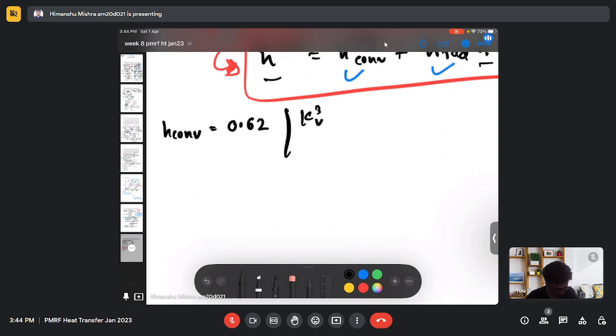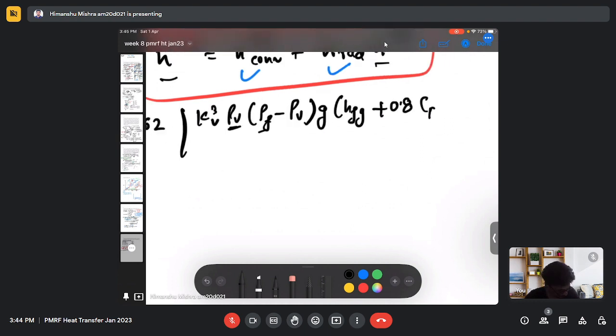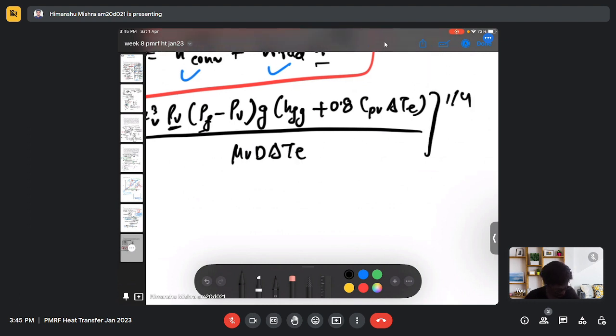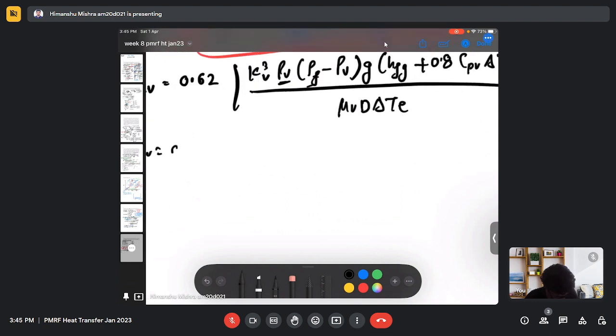This is my thermal conductivity and my vapor density is ρV. Sorry, this is my vapor density. This is my fluid density. So this is a correlation for the heat transfer coefficient for the convection process. So we just need to put the values here.